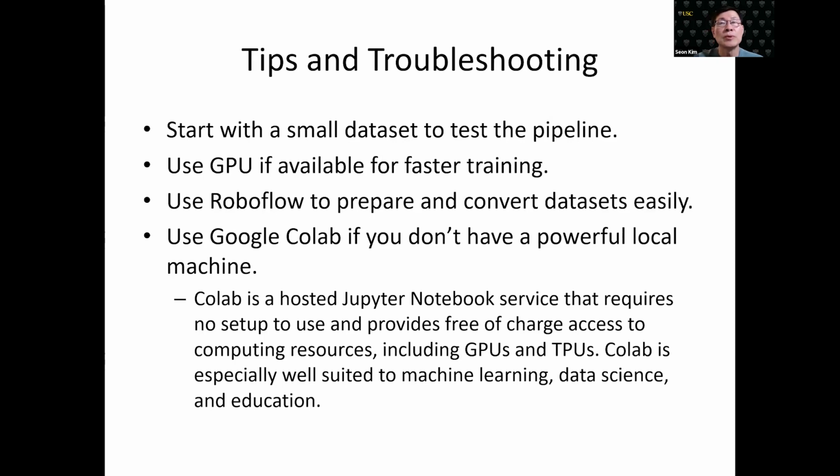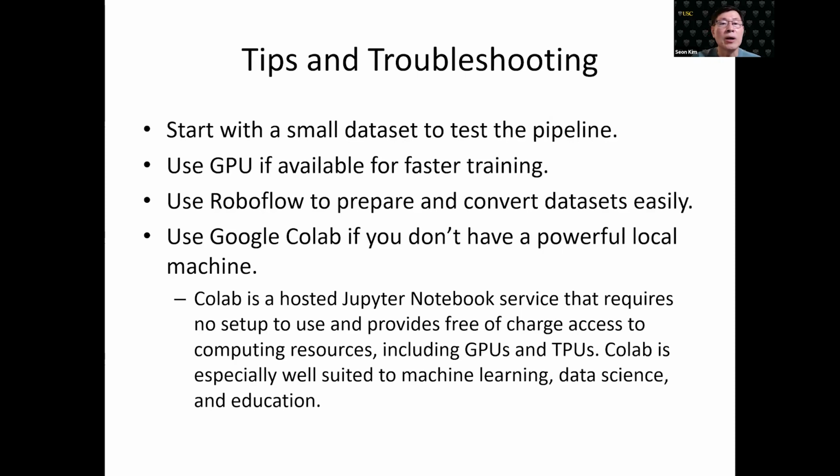If possible, use a GPU, because machine learning, especially image machine learning, requires lots of computing power. It takes lots of time when you use only a CPU. Your computer may not have any GPU. That's why we are recommending Google Colab. This is a free service.